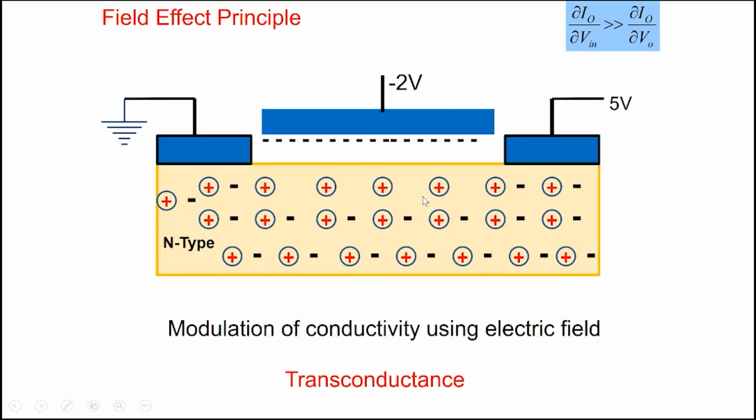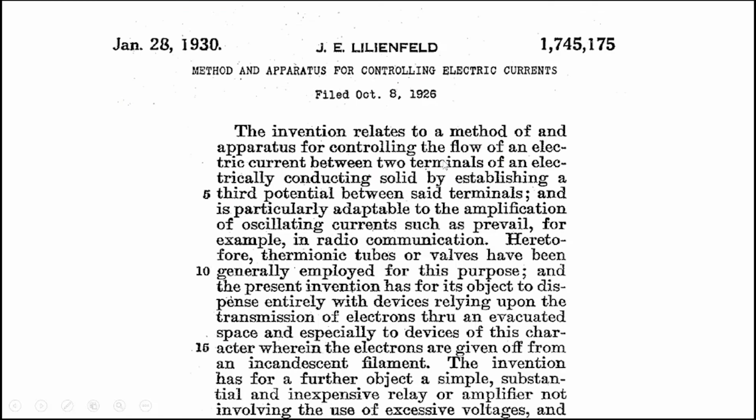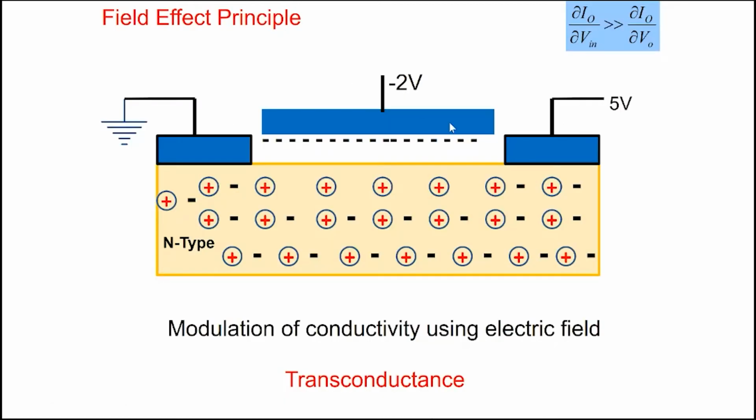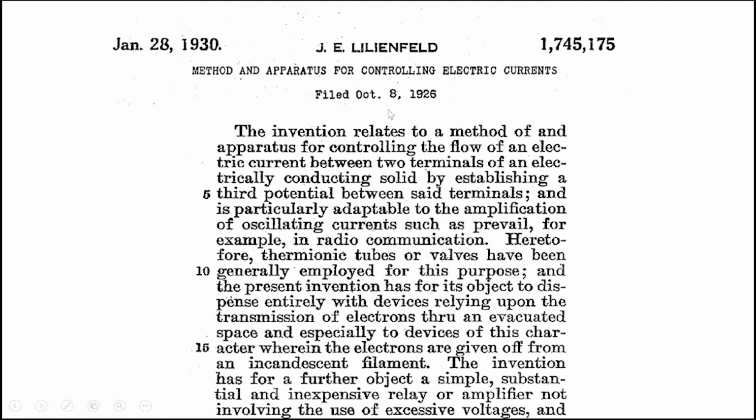But if you read the details of this particular patent, what he was describing was this field effect principle, how we can control the current flowing between a pair of terminals by applying a voltage across a separate terminal here. So he was describing how one could construct a transistor.